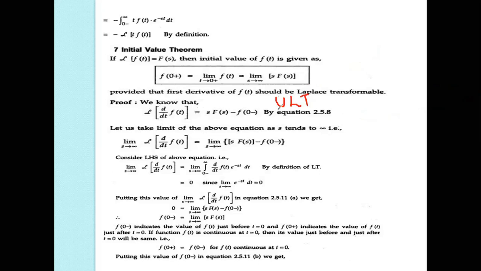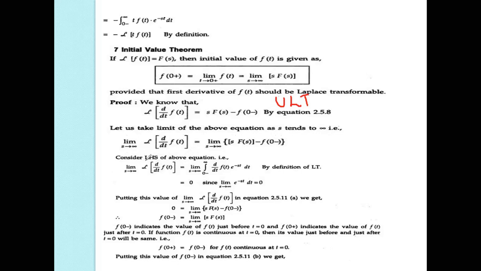So now on both sides, if I am taking the limit s tends to infinity, the Laplace transformation of d by dt of f of t is equal to limit s tends to infinity, the total function, s into F of s minus f of 0 minus.